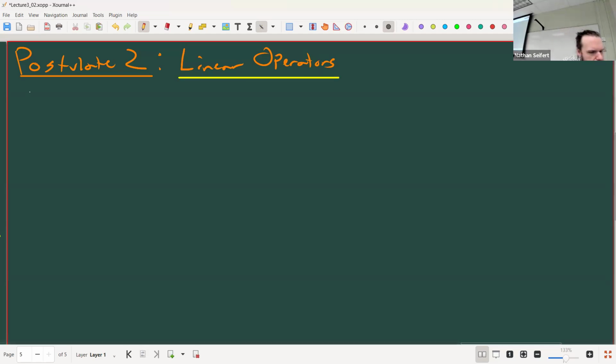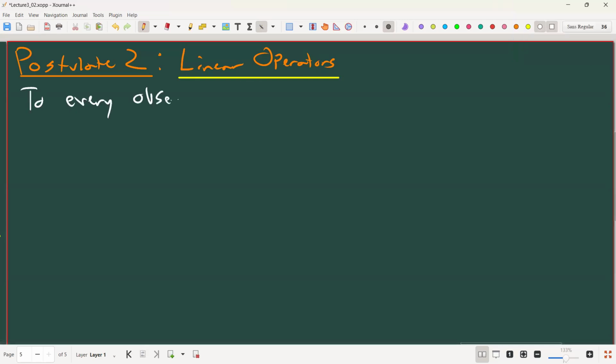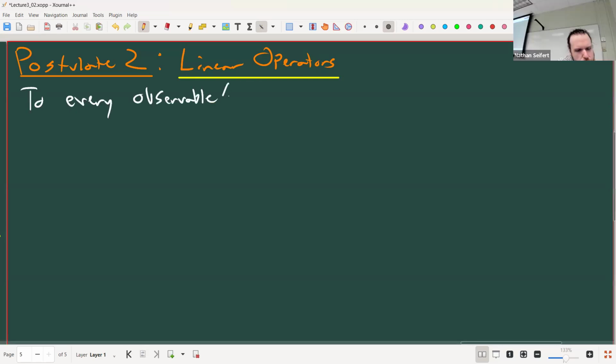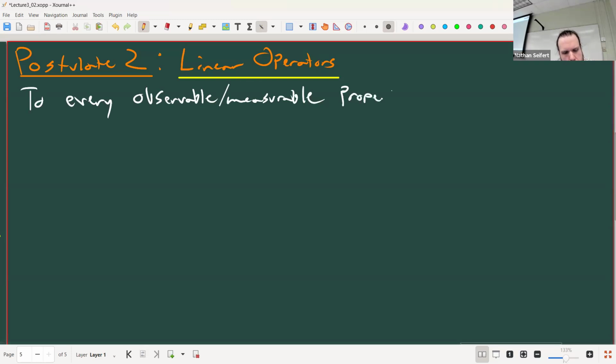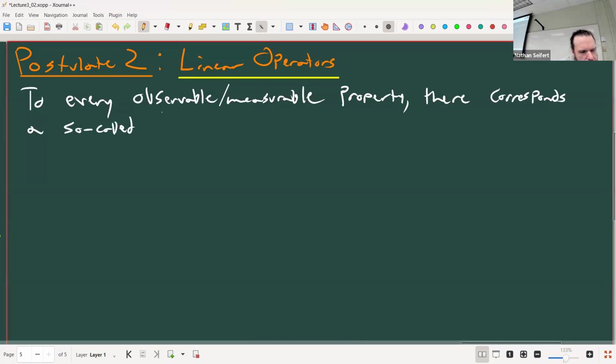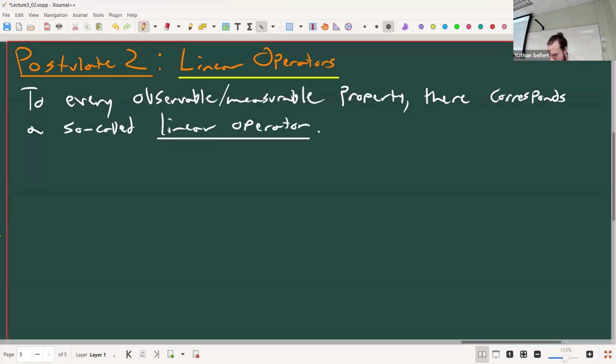All right, so for every observable property or measurable property, whichever you prefer term-wise, there corresponds a so-called linear operator. All right, that's not a very helpful definition, I understand.